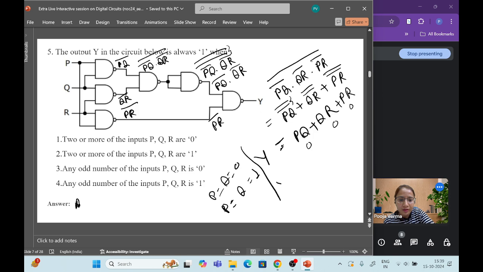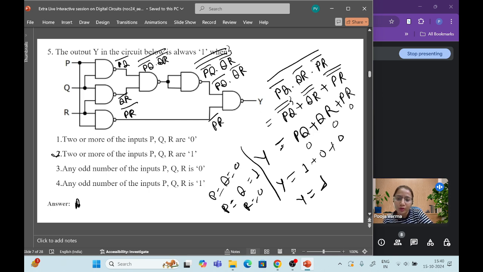For P is equal to Q is equal to 1, PQ is 1, here QR will be 1 into 0 if R is 0, in that case 0, and here if R is 0, the output will be 1. So option 2 is the correct answer.